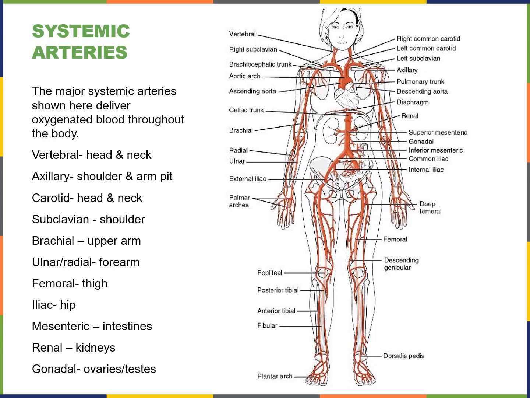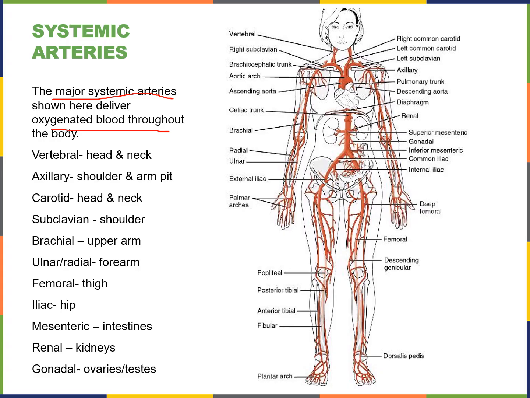Now, you're probably going to ask me, do you need to know all of the names that appear on this diagram? And the answer is no, you don't need to. But there are certain arteries and veins that we like you to learn because they're helpful in understanding physiology. So we refer to them as major systemic arteries, which deliver oxygenated blood throughout the body.